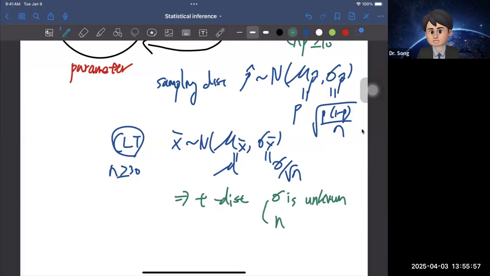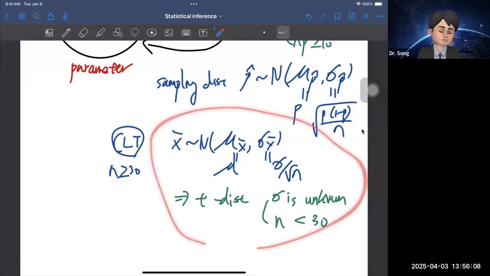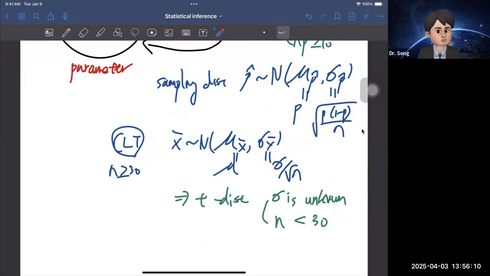Also, the sample size is not large, so the sample size is less than 30. In that case, you should go for the t-distribution, which is more realistic. So in many cases for the sample mean, whether you construct the confidence interval or do the hypothesis test, you are using the t-distribution. On the other hand, for the proportion, we always use a normal distribution.